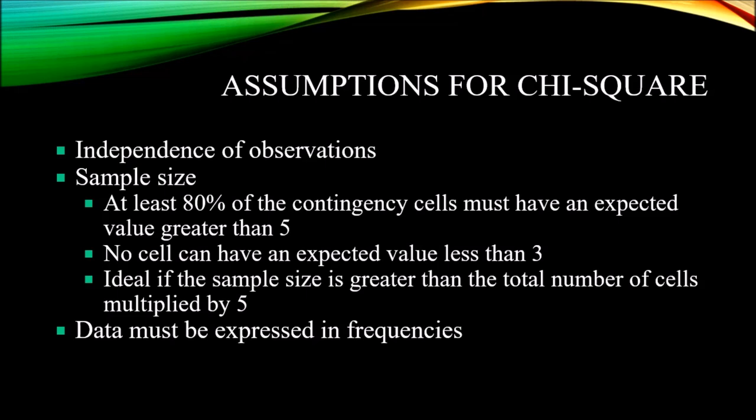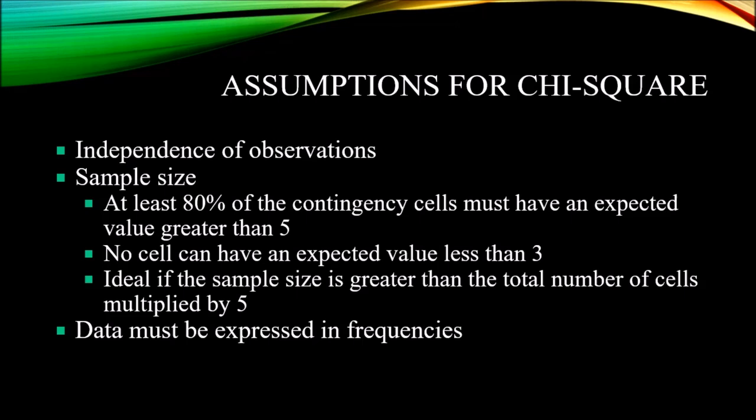So all the observations for a chi-square must be independent. Therefore, the chi-square test is not ideal for a pre-test, post-test design. By nature, the post-test value will be dependent on the pre-test value, and that would not be consistent with independent observations.